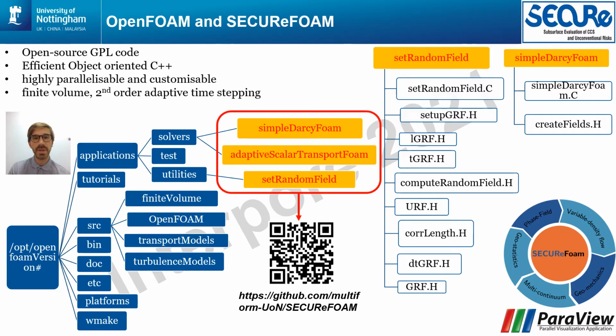The solvers and utilities I will talk about in this presentation are simple Darcy foam, an extended version of scalar transport foam for the advection dispersion equation in porous media, and the geostatistics utility setRandomField. For visualization of the results, we rely on ParaView, a powerful graphical user interface for data visualization.